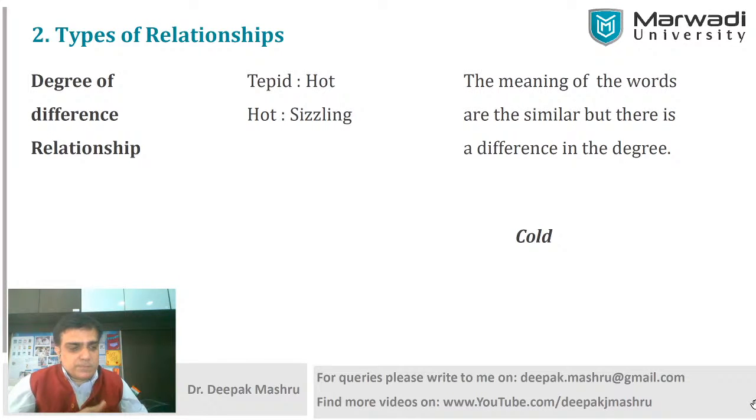So what is cold? What is the other word which talks about cold, but in a different degree? It can be more, it can be less. Cold is to freezing.